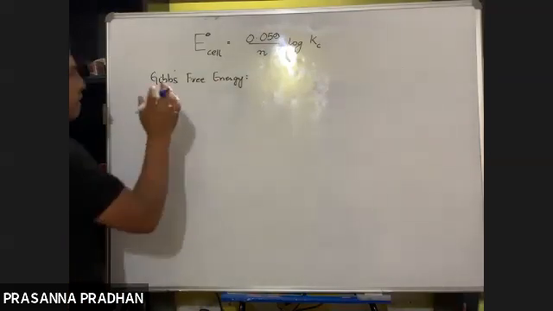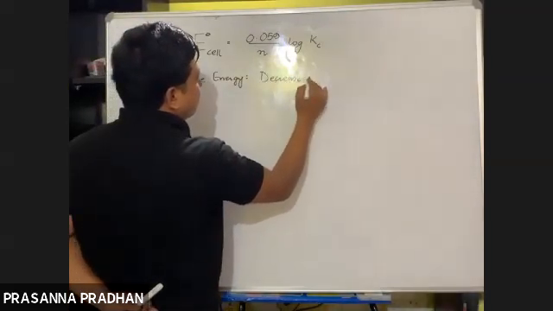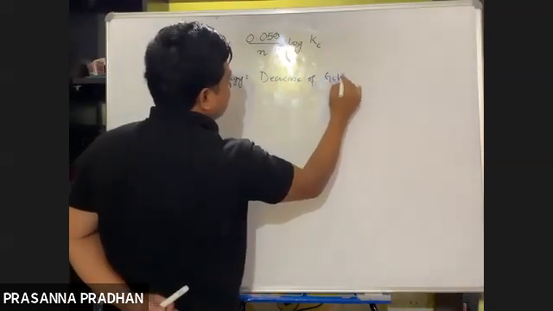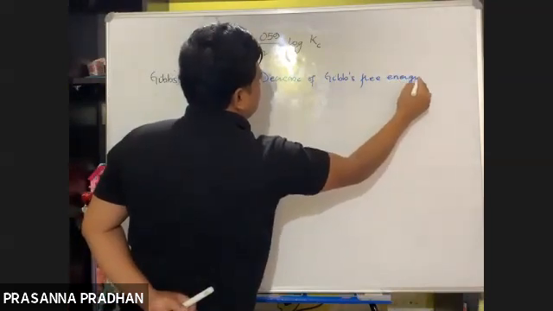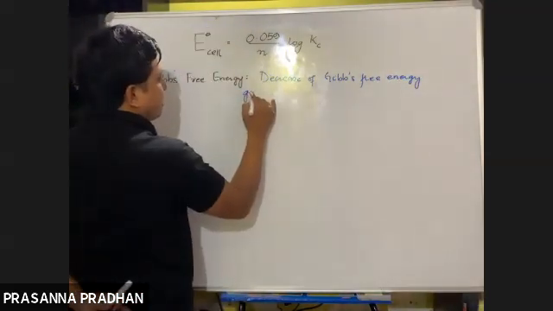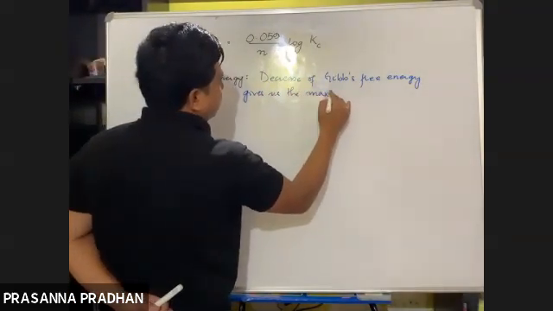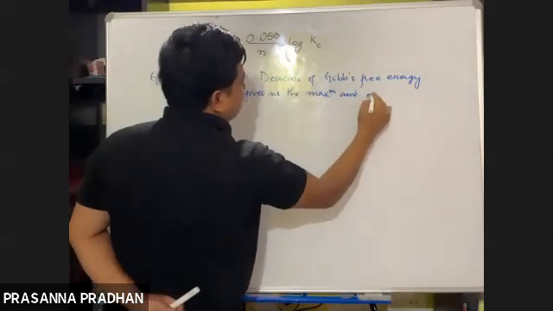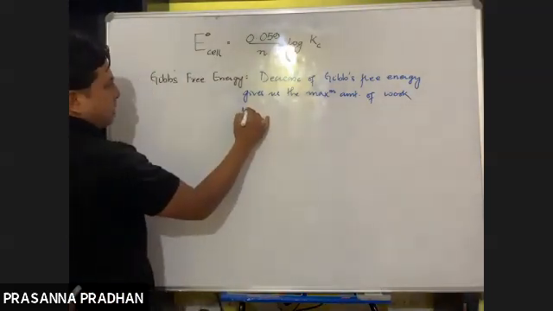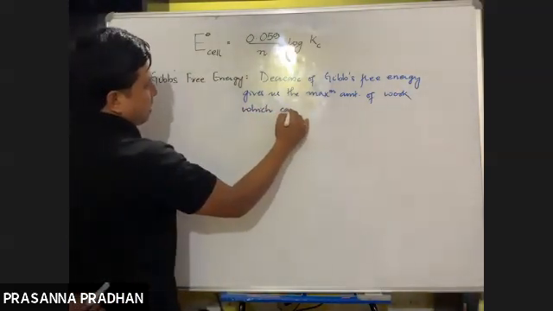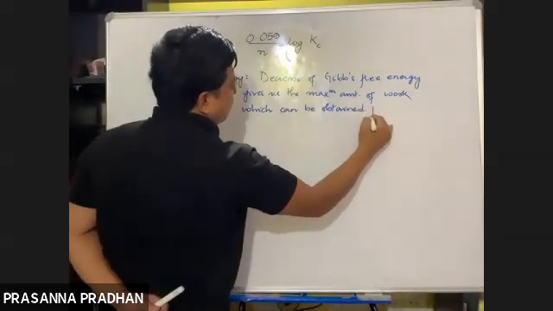So the decrease in Gibbs free energy gives us the maximum amount of work which can be obtained from a system.